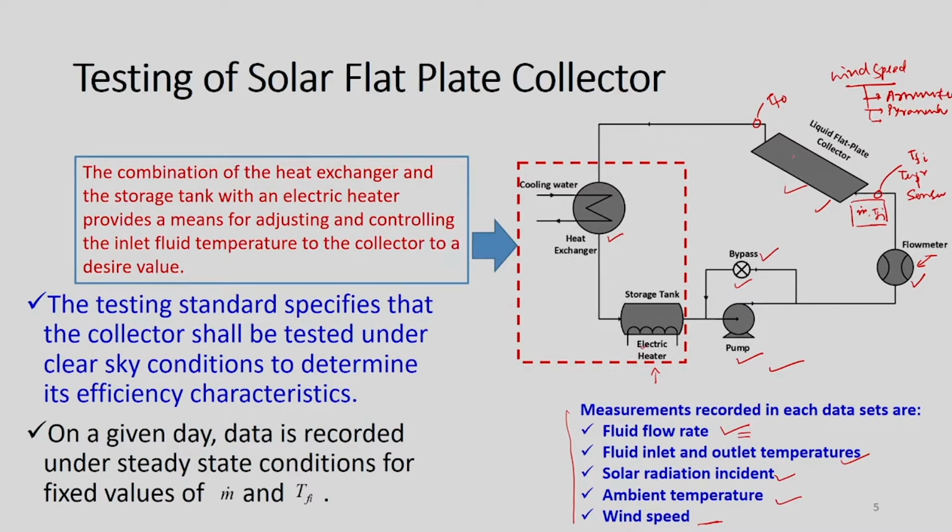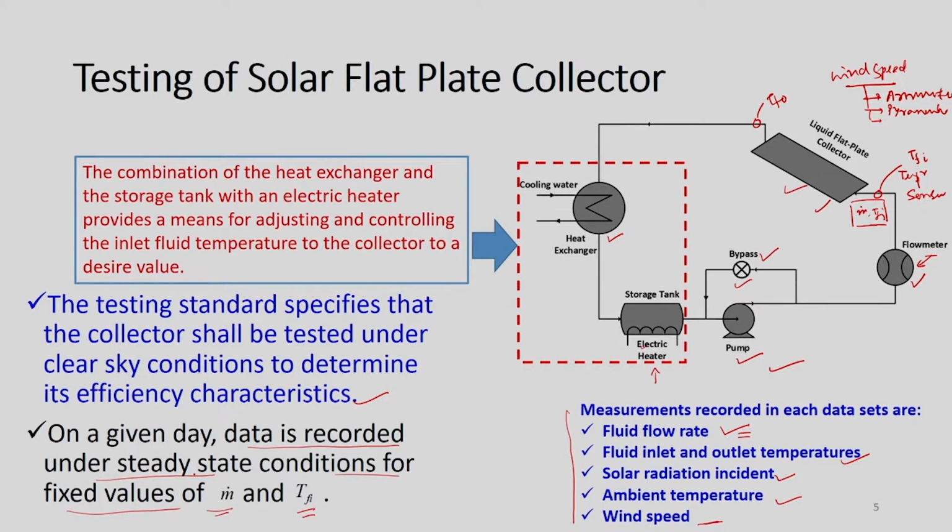The testing standard specifies that the collector shall be tested under clear sky conditions to determine its efficiency characteristics. On a given day, data is recorded under steady state conditions for fixed values of mass flow rate and fluid inlet temperature.